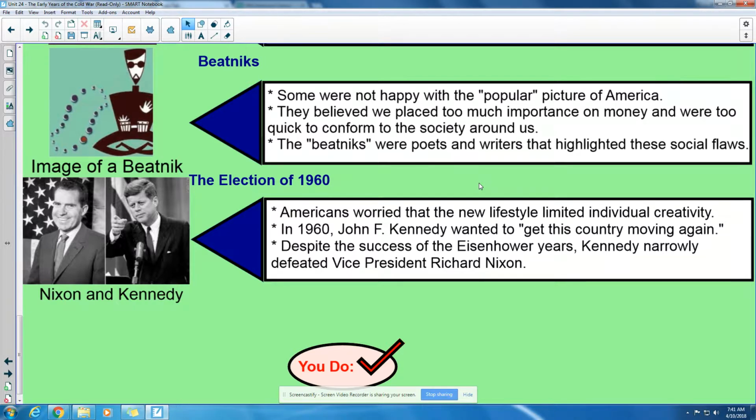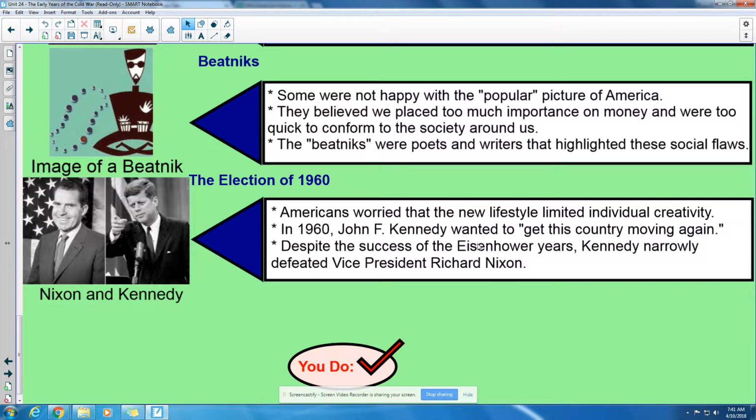And in 1960, John F. Kennedy runs for president with one of his slogans being to get this country moving again, to get Americans energized again, feeling like we've got a purpose rather than just sitting on our couches watching our televisions and enjoying our wealth.